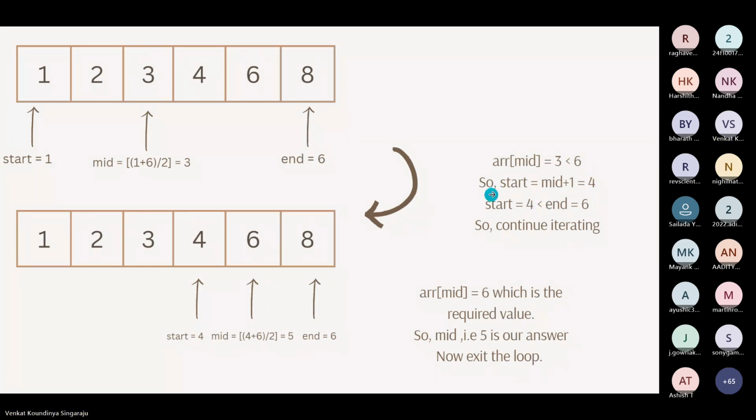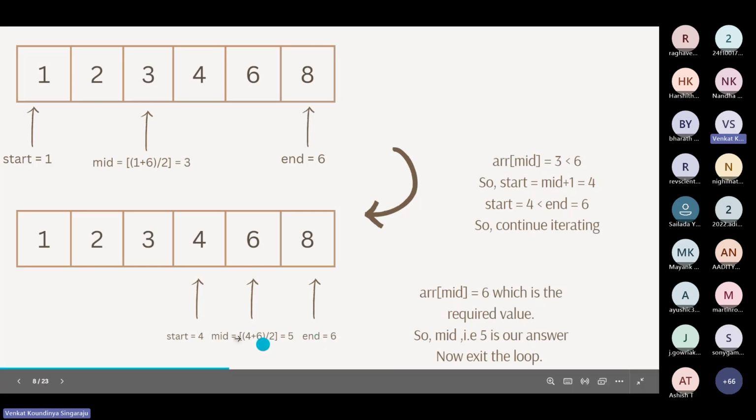So start becomes mid plus 1, which is 4. Start is less than end, which is 6, so we continue iterating in the loop. Now start is 4, end is 6, and mid is the average of start and end, (4 + 6) / 2, which is 5. Since array[mid] is 6, we break from the loop, and mid, which is 5, is our required answer.